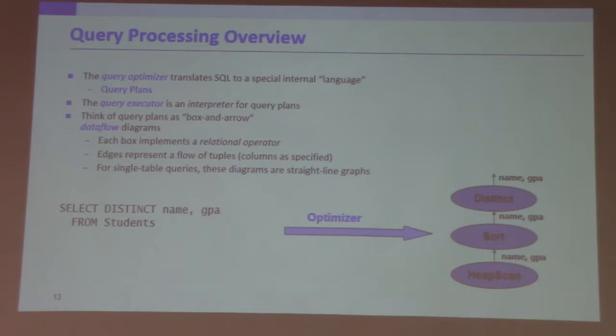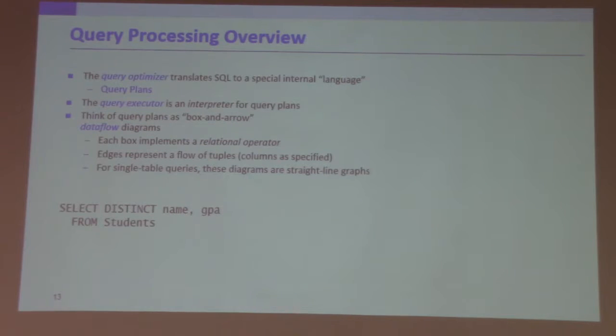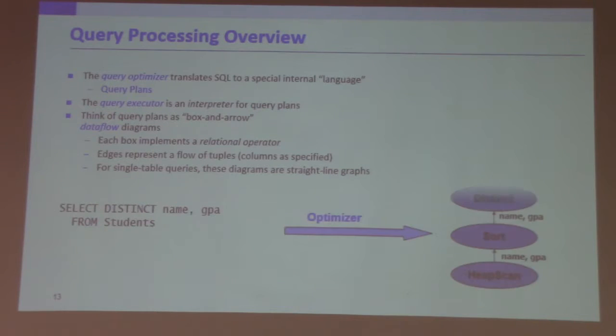Suppose that's my input SQL query, and I run it through my query optimizer. My query optimizer outputs this query plan to the query executor. So what it says is, okay, I'm going to do a heap file scan first, project out only the name and GPA fields of each record, rather than taking the entire content of the record, because I realized those are the only two fields needed to execute this query.